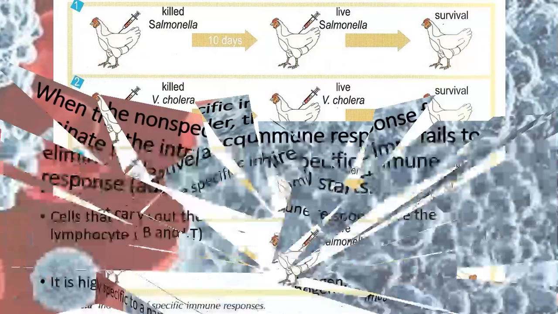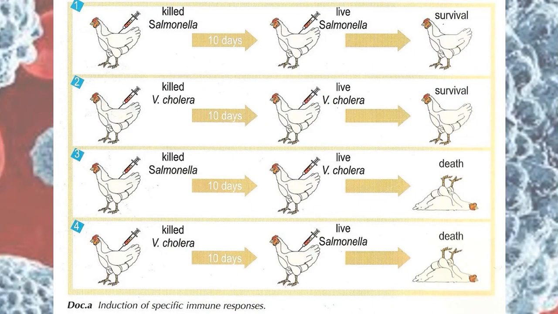We are going to discuss this later in this slideshow. Let's take a look into this document. You have this document in this activity in the book. This is a hen or a chicken, and it is injected with killed salmonella.